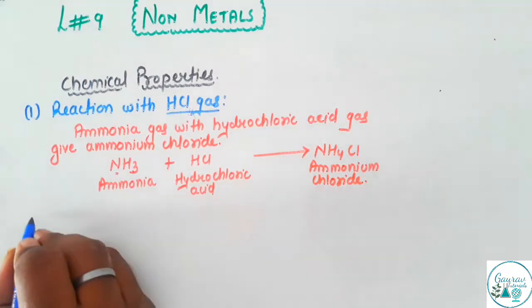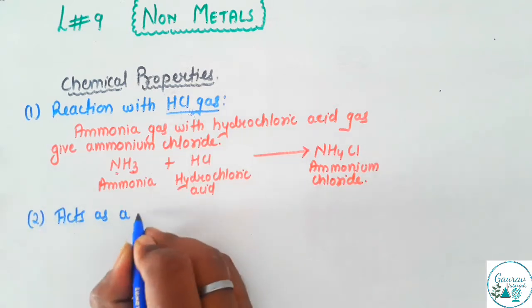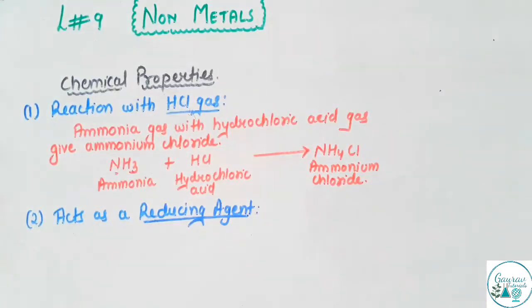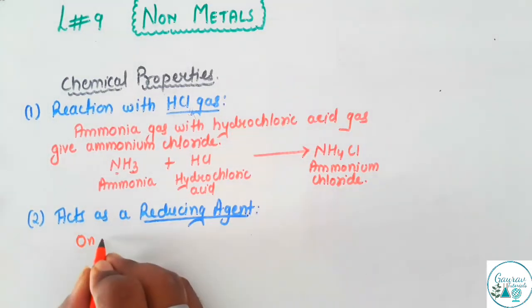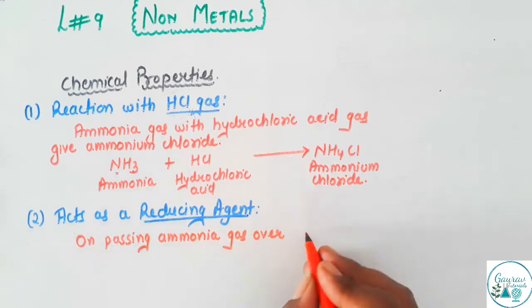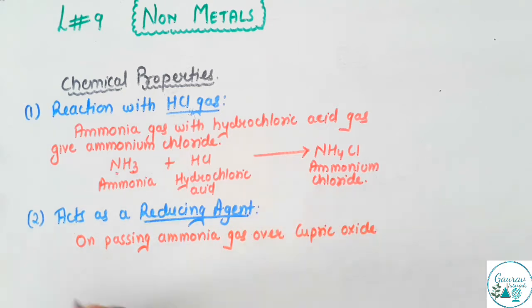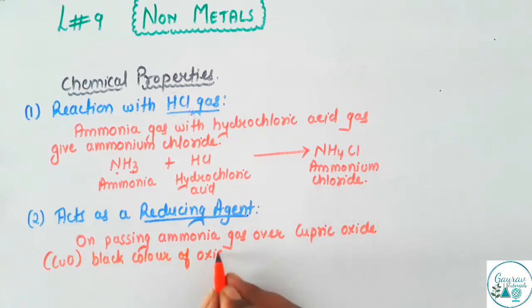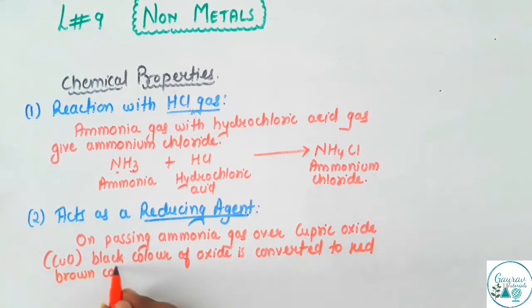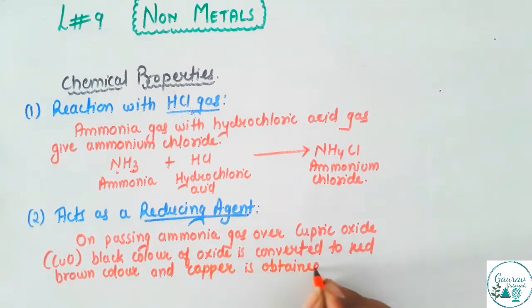The second reaction of ammonia is that it acts as a reducing agent, and when ammonia acts as a reducing agent, we will find it would change the color of the metal oxide. On passing ammonia gas over cupric oxide, the black color of cupric oxide is converted into red brown color and copper metal is obtained.